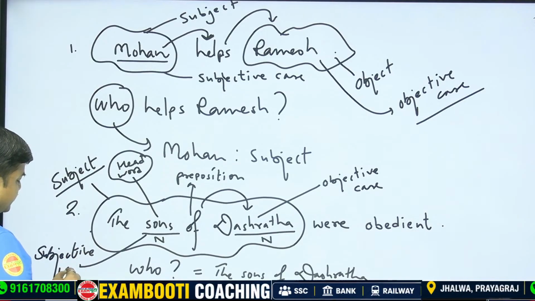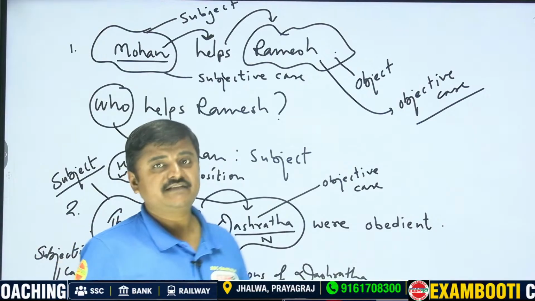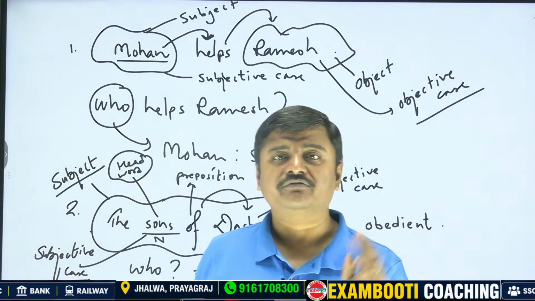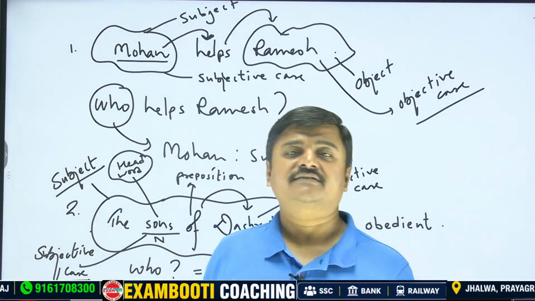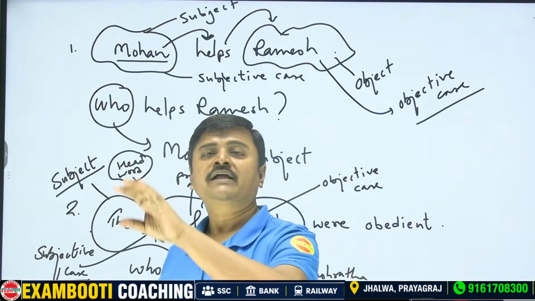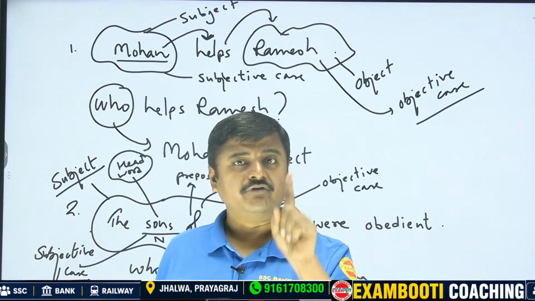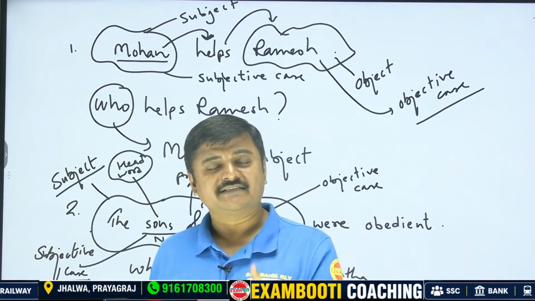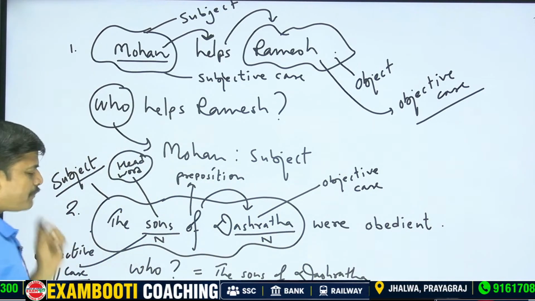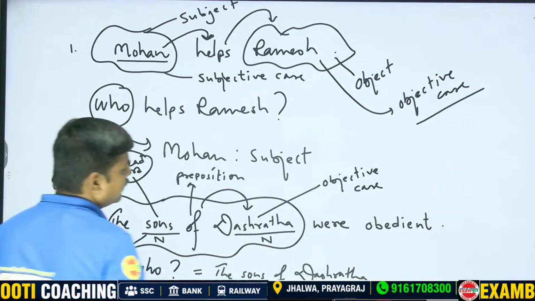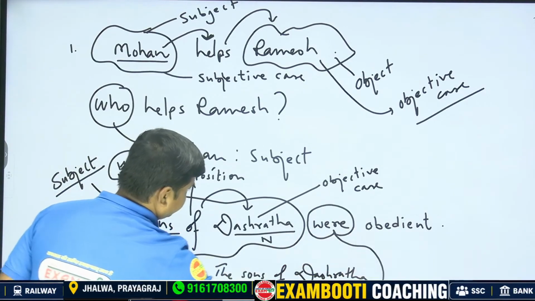So this is the actual function. The verb is always used according to the word that is in subjective case. The subject may be long. If the subject is long, there will be a single head word that will be in subjective case. Just spot that word, because the verb will be used according to that subject.